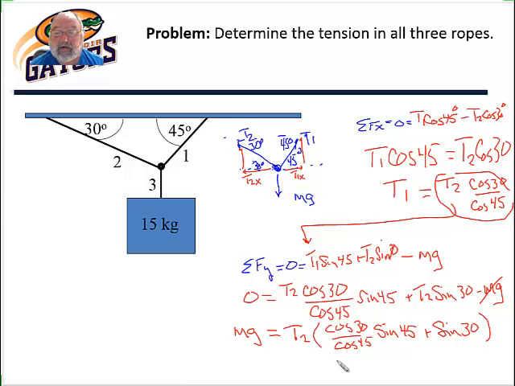Now it's a matter of dividing mg by everything that's on the right-hand side here, other than T2, and substituting in some numbers at that point.